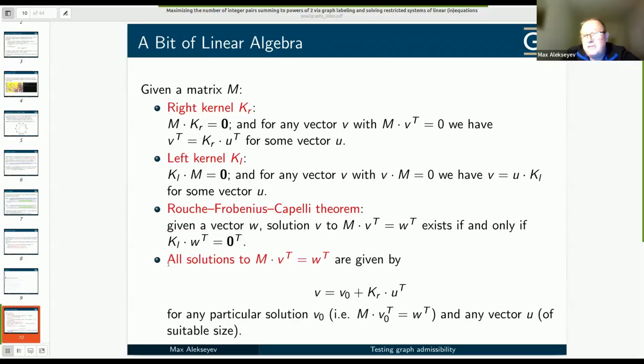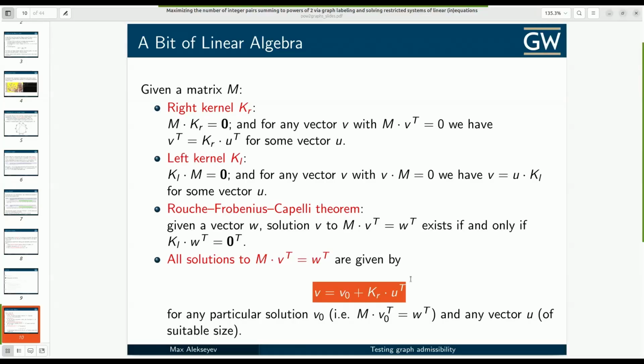The last thing that we will need from linear algebra is that if we want to solve this equation, given M and given W, and we want to find all vectors V that satisfy it, then it is given by this formula.